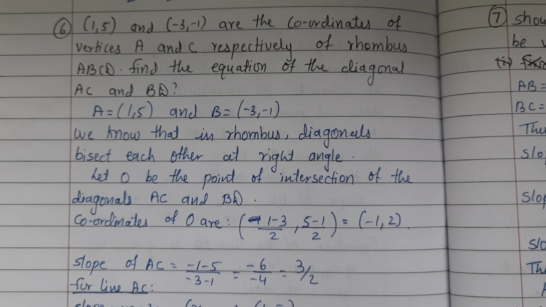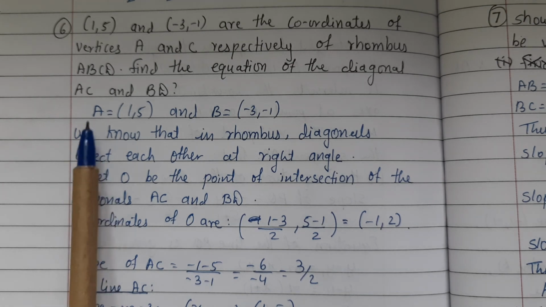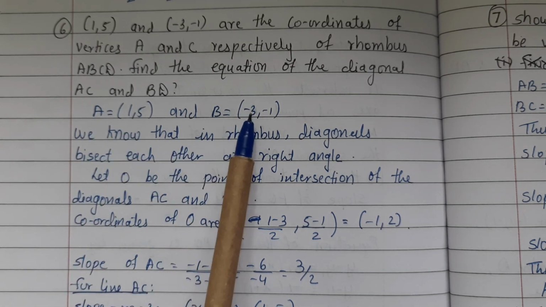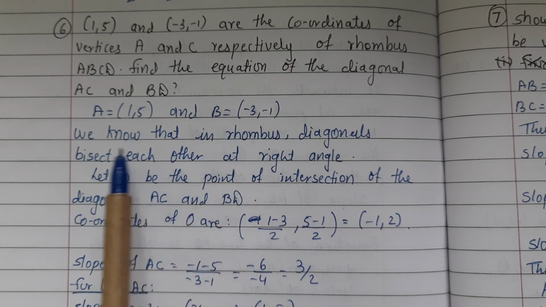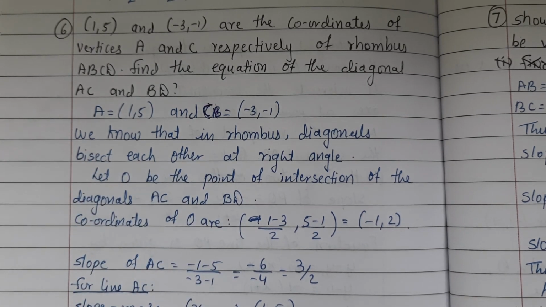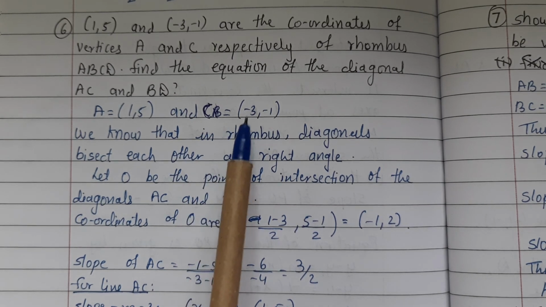Sum number 6. 1, 5 and minus 3, minus 1 are the coordinates of vertices A and C respectively of rhombus ABCD. Find the equation of the diagonals AC and BD. A is 1, 5, C is minus 3, minus 1.